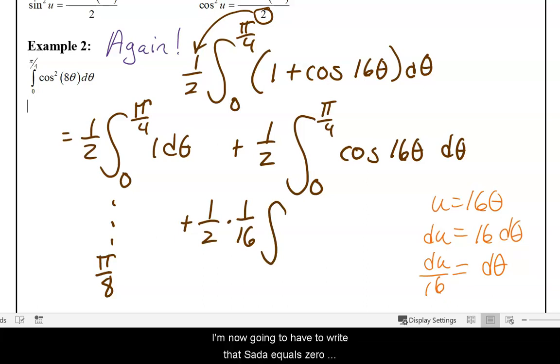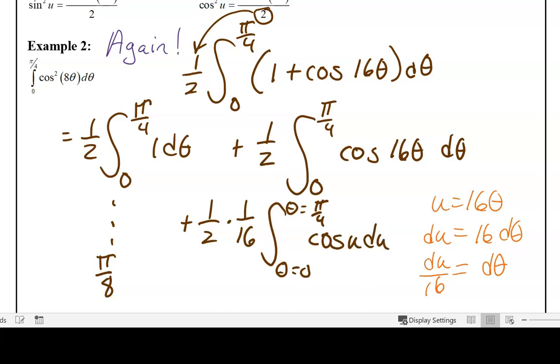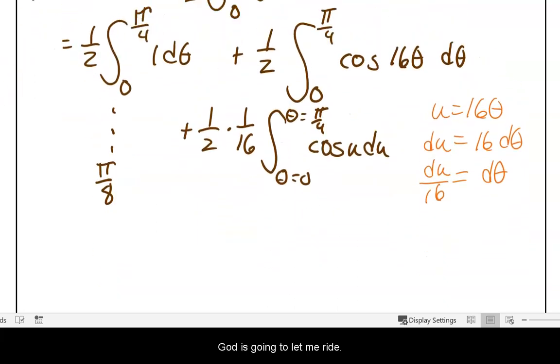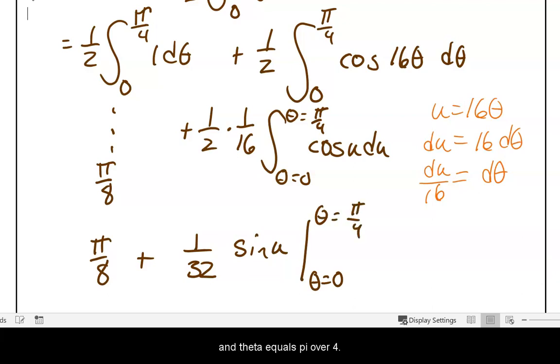I'm now going to have to write that theta equals 0 to theta equals pi over 4, since my new differential will be du. And I have cosine of u du. I know the antiderivative is sine of u. That is going to let me write, continuing down each piece, 1 over 32, the sine of u evaluated between theta equals 0 and theta equals pi over 4.